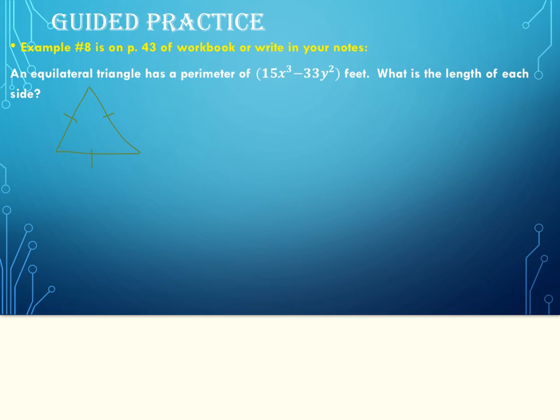It has a perimeter of 15x cubed minus 33y squared. So what would the greatest common factor of this be? 15 is 3 times 5 times x times x times x. 33 is negative 1 times 3 times 11 times y.